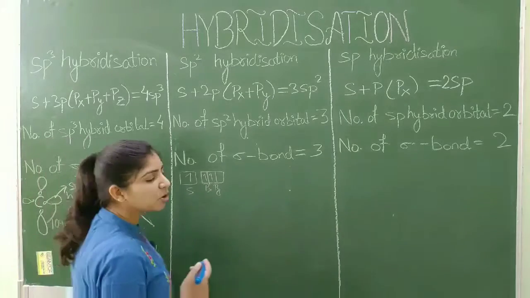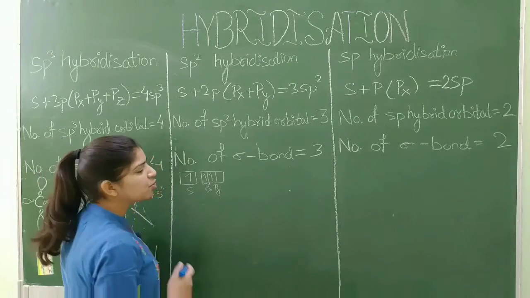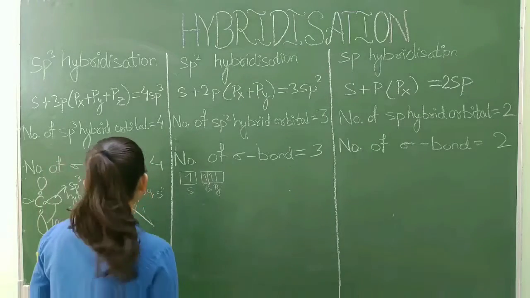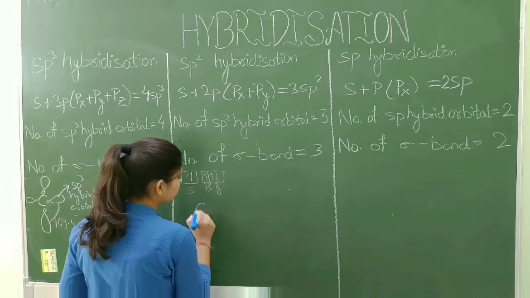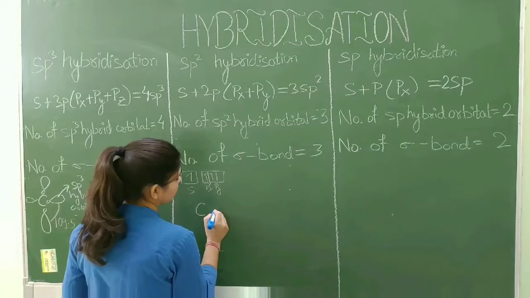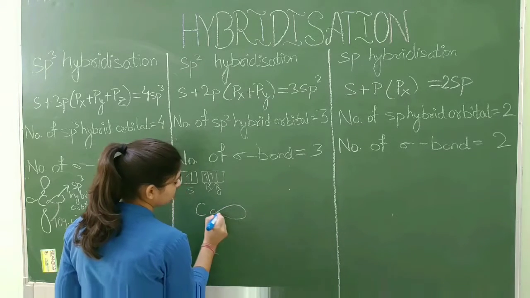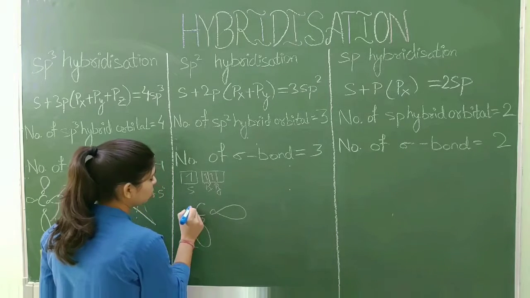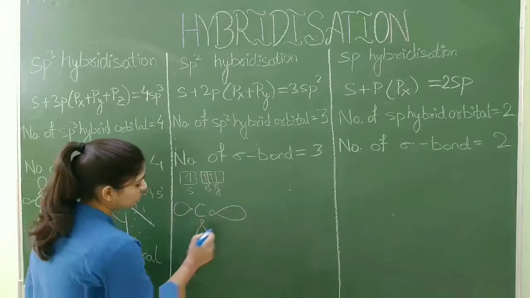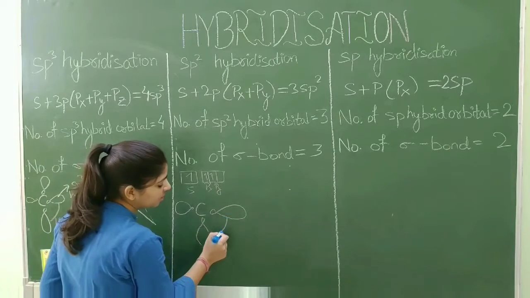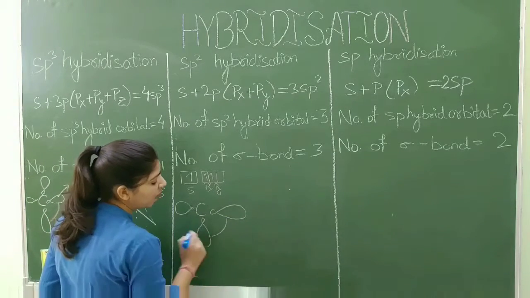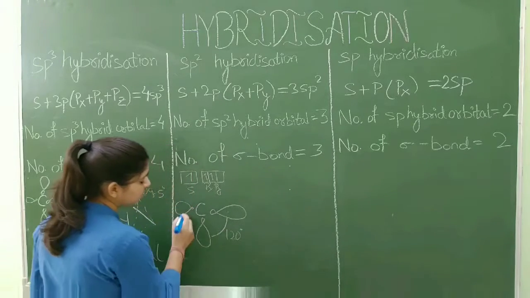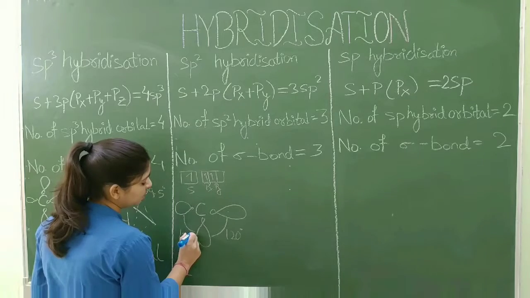Now let us discuss shape and geometry of sp2 hybridization. Shape is unsymmetrical dumbbell and there are three bonds. So 1, 2 and 3, and the bond angle between two hybrid orbitals is 120 degree.